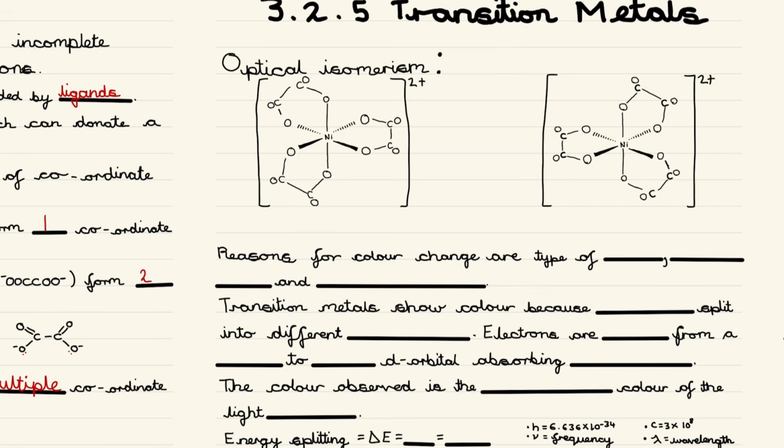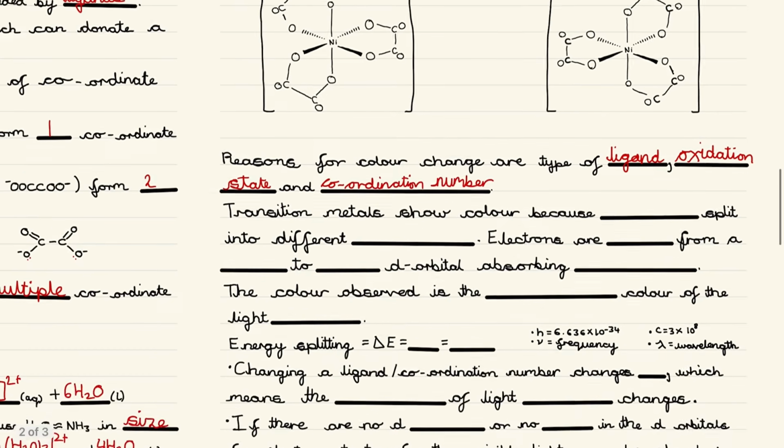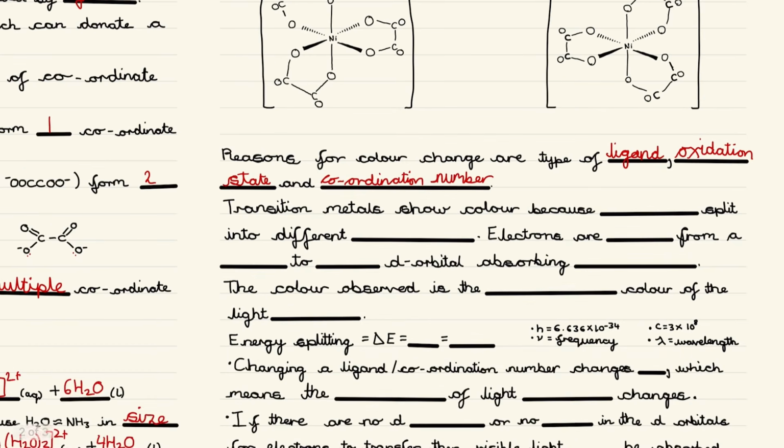Now, some of the reasons we get color changes in transition metals are the type of ligand, the oxidation state, and the coordination number. Transition metals show color because d orbitals split into different energy levels.